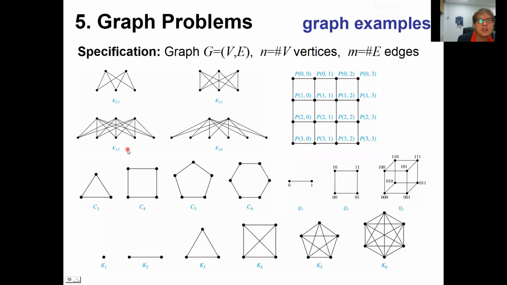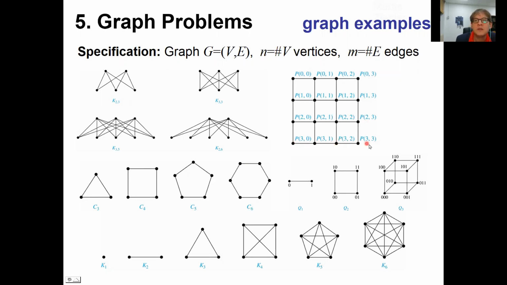And so on. This is a complete bipartite graph of order 3, 5, a complete bipartite graph of order 2, 6, and so on. The final class of graphs that we're considering here for later reference is the grid graphs. So here you see a grid graph of order 4, 4.